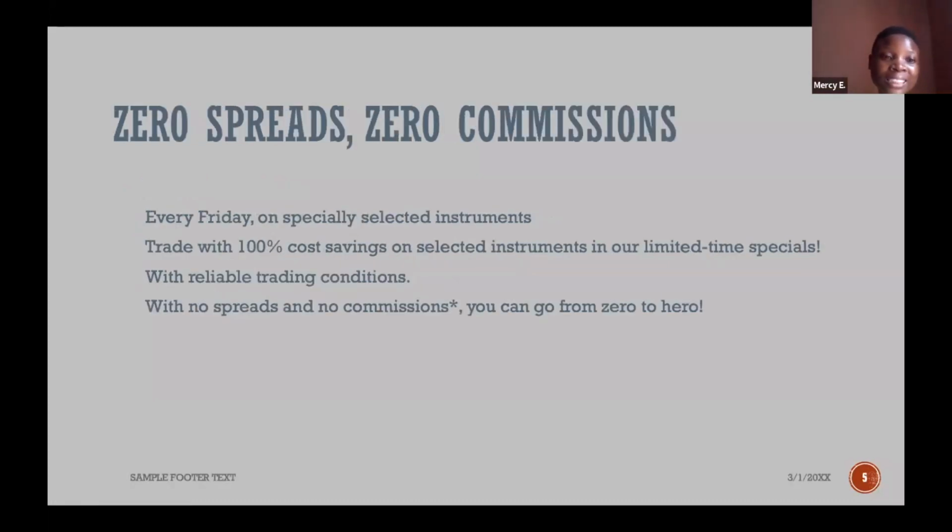Yes, on Thursdays, like yesterday, Skilling sent a notification. Also, Skilling has the app. So when you download the app, you're able to get notifications. Skilling does something every Thursday where a specially selected instrument will be announced to you.